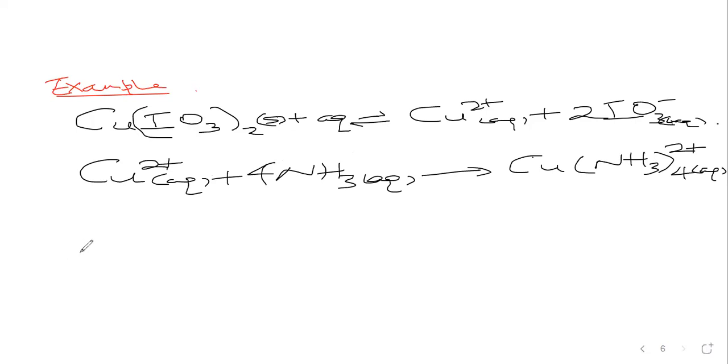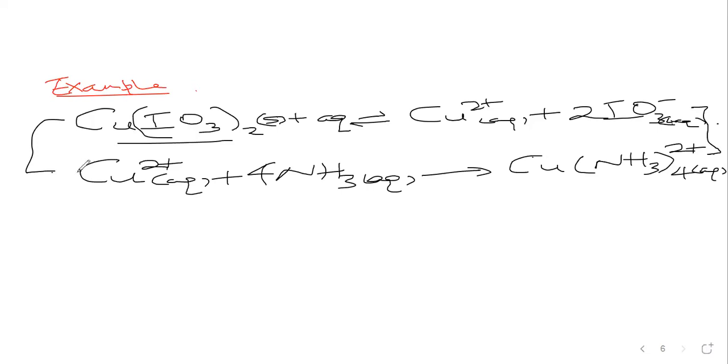So that is our complex that we form here. The same effect occurs if they ask you to explain what happens to the solubility of copper 2 iodate when ammonia solution is added to it: solubility increases. Why does the solubility increase?